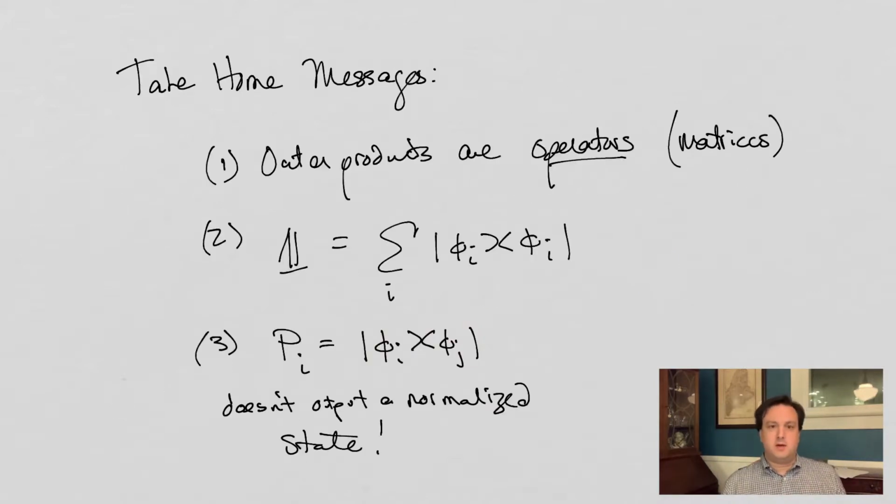Okay, so take-home messages. First, outer products are operators. We get matrices out of them, something more complicated than vectors, something that is really an operator. And it's often useful to remind ourselves that I can always take the identity matrix and rewrite it as a sum over all of the outer products.